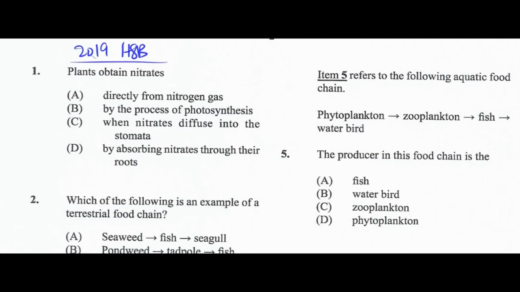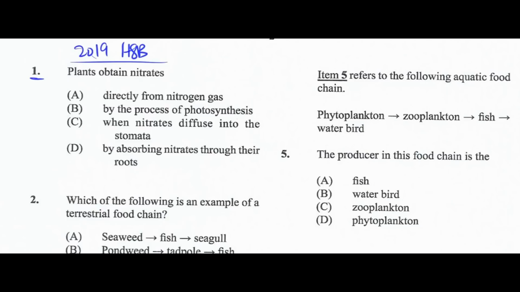So reading is fundamental. Plants obtain nitrates, that's number one, of course. Plants obtain nitrates: A, directly from nitrogen gas; B, by the process of photosynthesis; C, when nitrates diffuse into the stomata; or D, by absorbing nitrates through their roots.